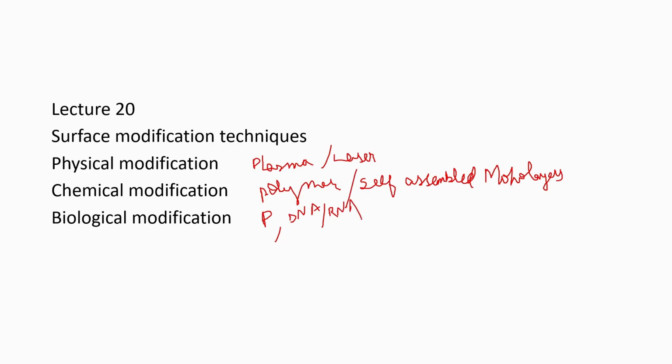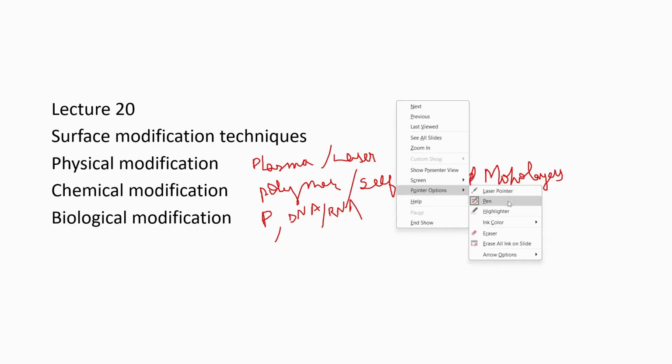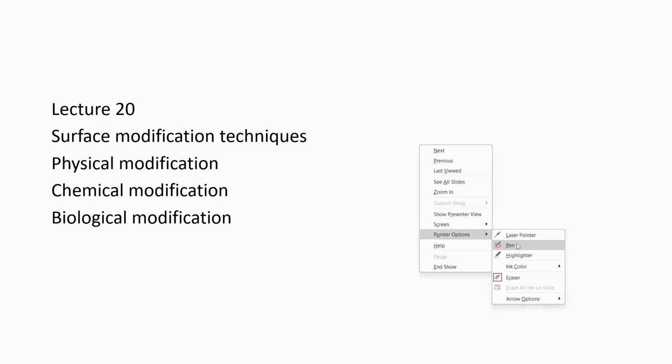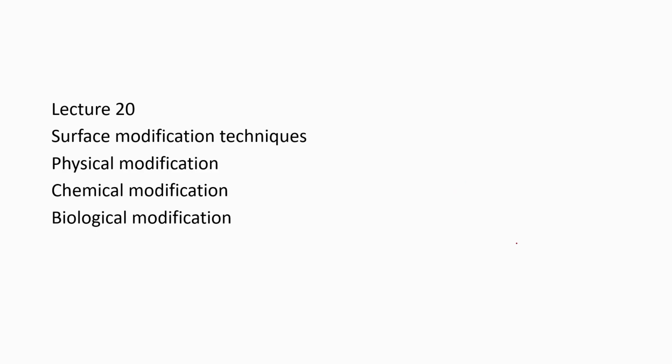And then in the lecture, we also see some specific techniques for these physical and chemical modifications. For example, the most common method in physical modification is physical vapor deposition, where we have a solid and we want our surface coated with this solid material.